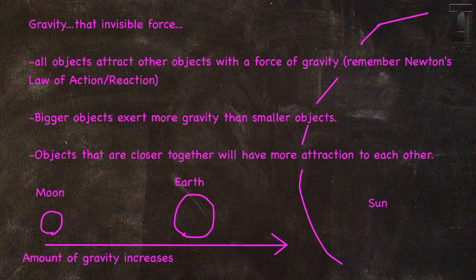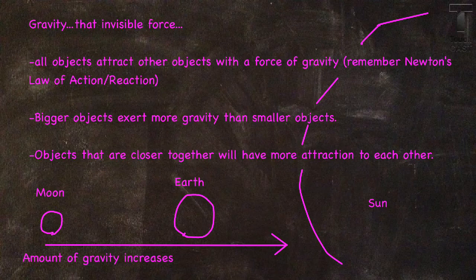But the deal is that bigger objects are going to exert more gravity than smaller objects. So the sun's gravitational pull is actually going to be greater than the earth and the moon due to its sheer size. That's why the moon and the earth are able to revolve around the sun. That's also why the other planets are able to revolve around the sun, because it has such a great gravitational pull.